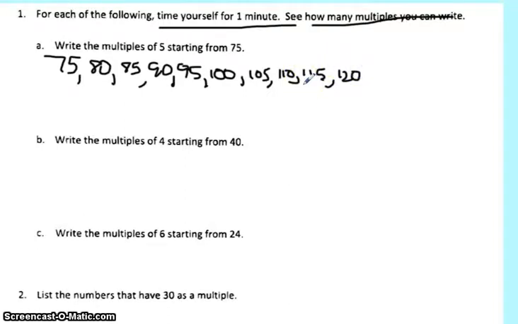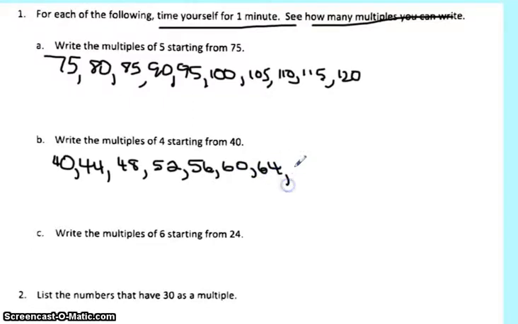You keep going. All right, then let's write the multiples of 4 starting from 40. So that would be 40, 44, putting 4 more on, 48, 52, 56, 60, 64, 68, 72.